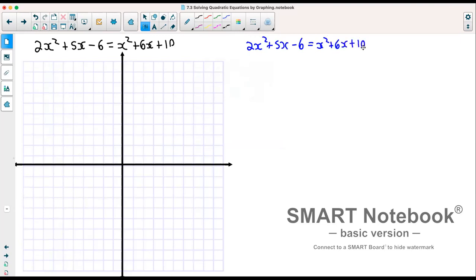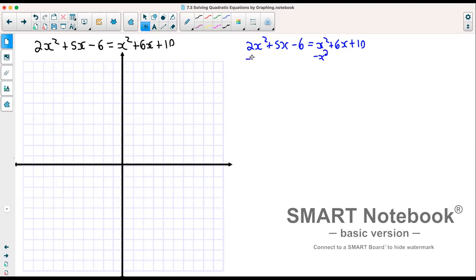Now, like I mentioned before, it doesn't matter what side we move everything to, it's still going to have the same x-intercepts, but what side we move everything to will determine which direction it opens, and I tend to find there's usually less mistakes making if our x squared term is positive. So if I move this to the other side, I'm subtracting 2x squared, which would make this negative because we'd have 1 minus 2, which gives us -1. So instead, I will move everything from this side to this side.